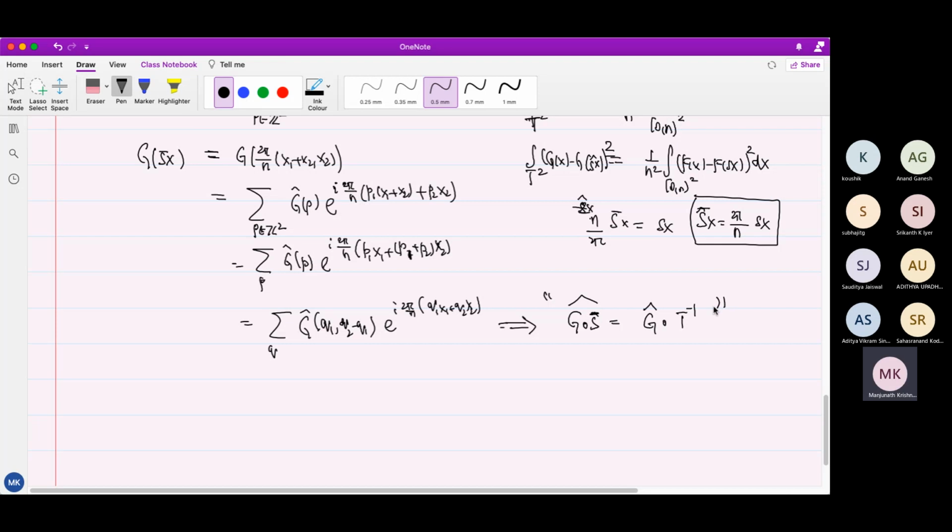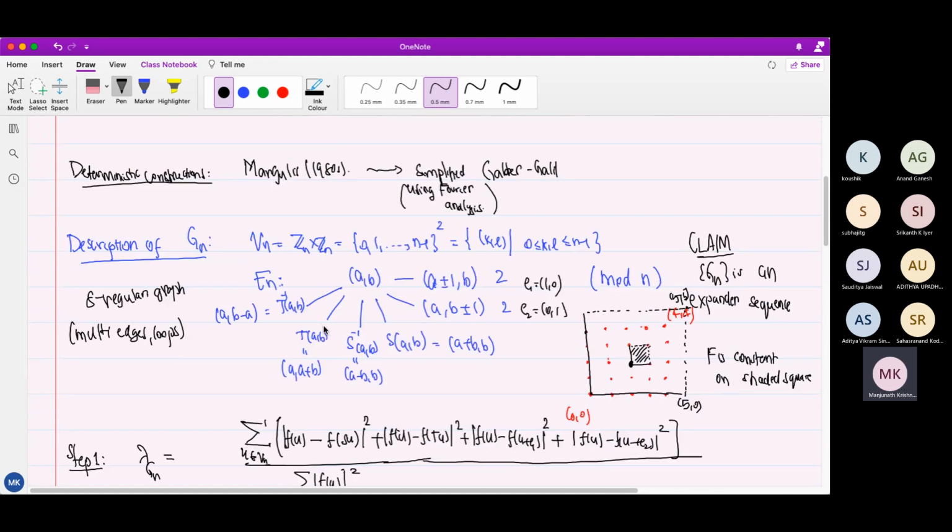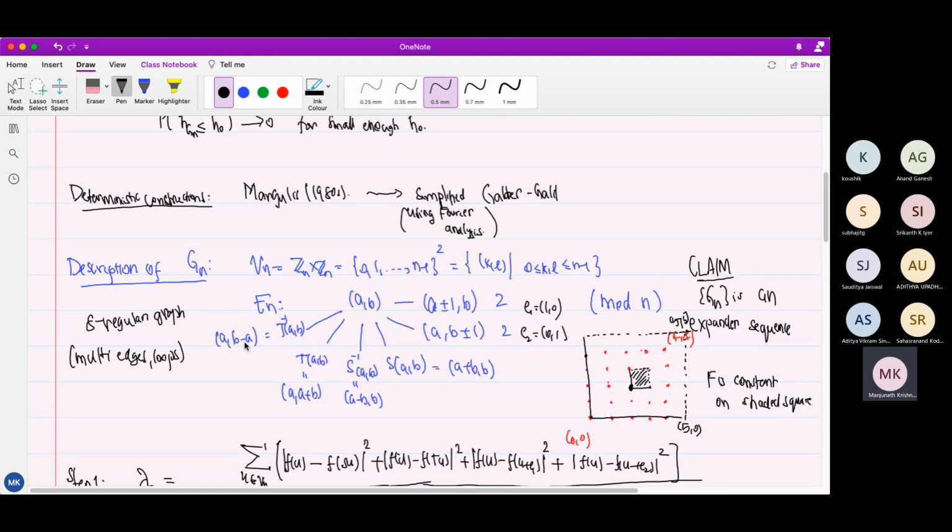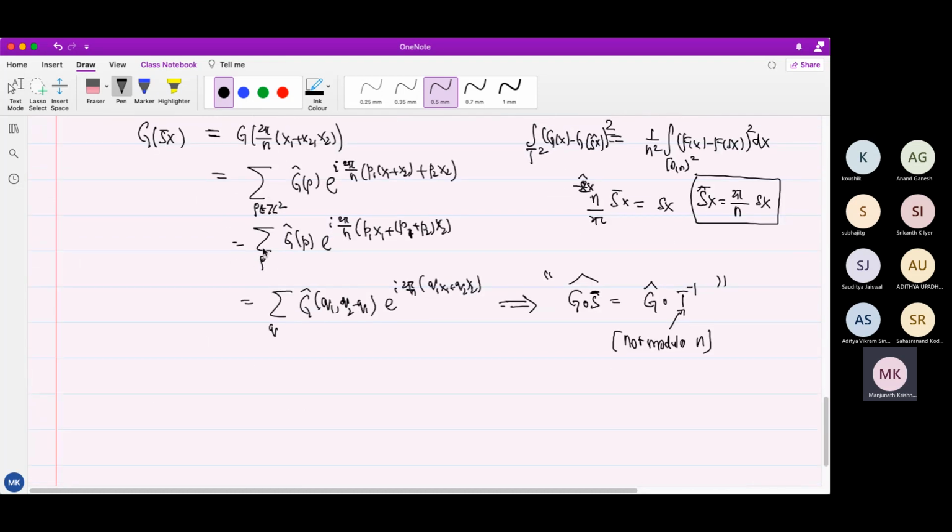It would require 10 more minutes to tell properly, but it's kind of clear, right? So Q1, Q2 mapping to Q1, Q2 minus Q1 is exactly this one, right? Except that this T is not modulo n. This is pretty much like the transformation T inverse, right? If you remember, T inverse is the mapping which takes A, B to B minus A, except that here it is over all of Z2, there is no modulo n.